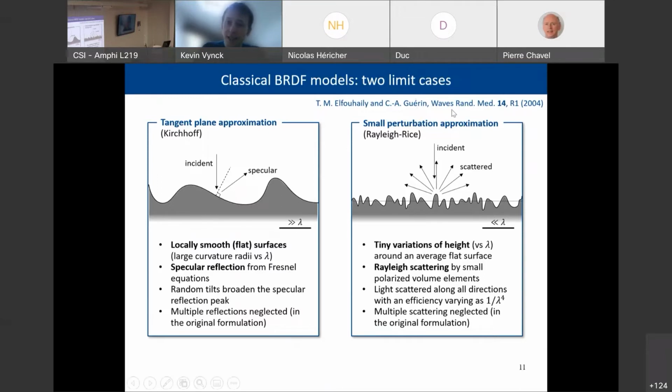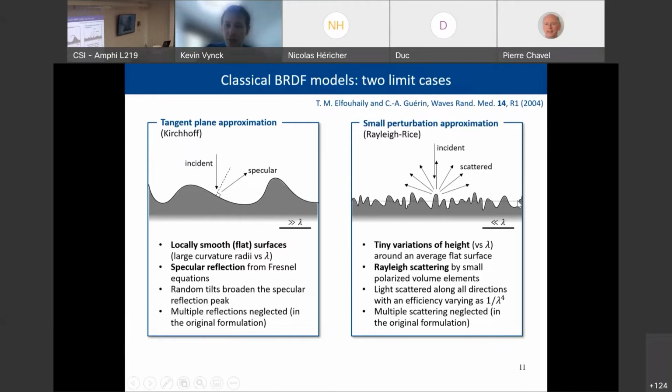So when you send the light on this complex surface with small perturbations, the incident light will polarize the small volume elements. The small volume elements will behave as small dipoles, and the dipoles will radiate the energy in all directions of space. So this is like Rayleigh scattering, but on a surface.